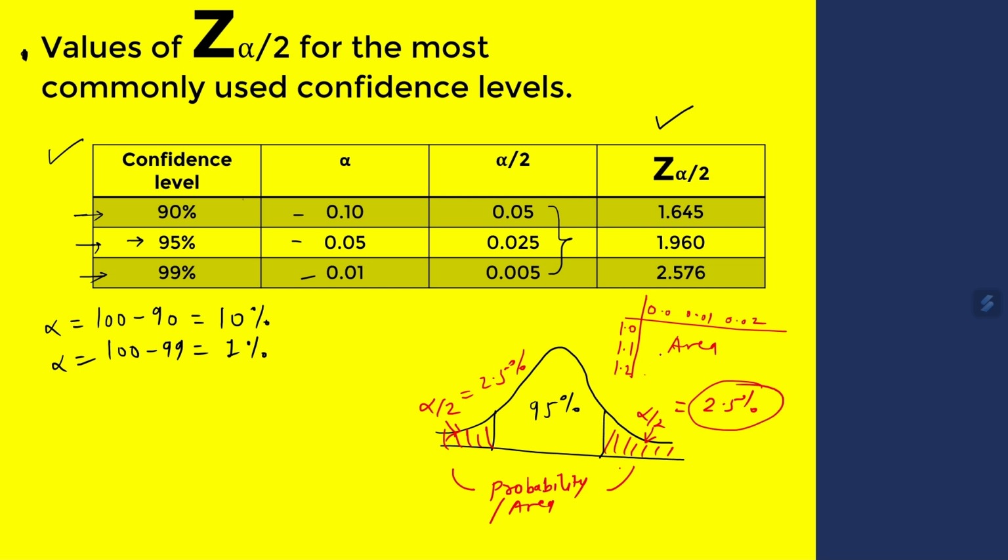So for 2.5% of area we get a Z score of 1.960. When you go and check the Z score of 1.960, you will find that the probability in the Z table is mentioned as 0.0250.